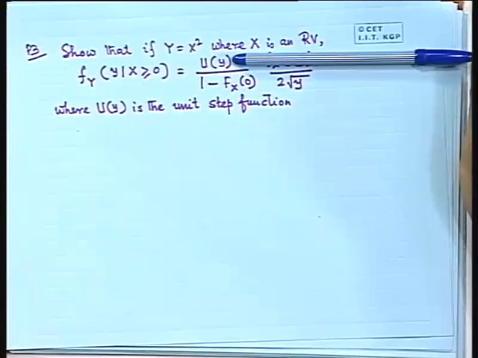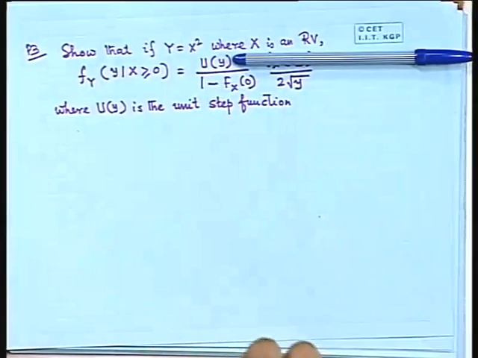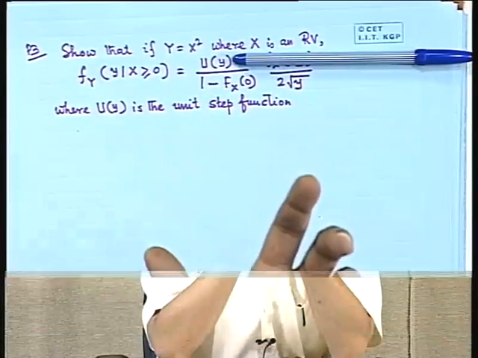Why should this unit step function be there? Because y cannot be negative. So when you define y is equal to x square, there is no question of getting a negative y for real x. Correct? So therefore the probability density of y must be 0 for all y less than 0.